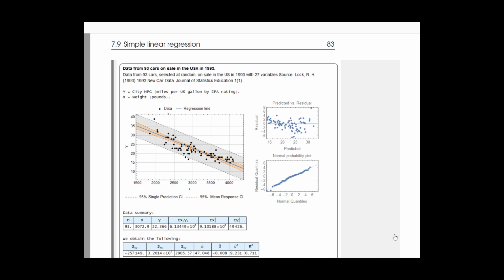All right. So y now is the city mileage, miles per gallon of a car, and x would be its weight. Now, in this case, what I will give you is the data summary. And then you have to come up with this table, right? Which is the same as before. Now, this is a little easier because I already give you the sum of the xi yi's and the sum of the squares.